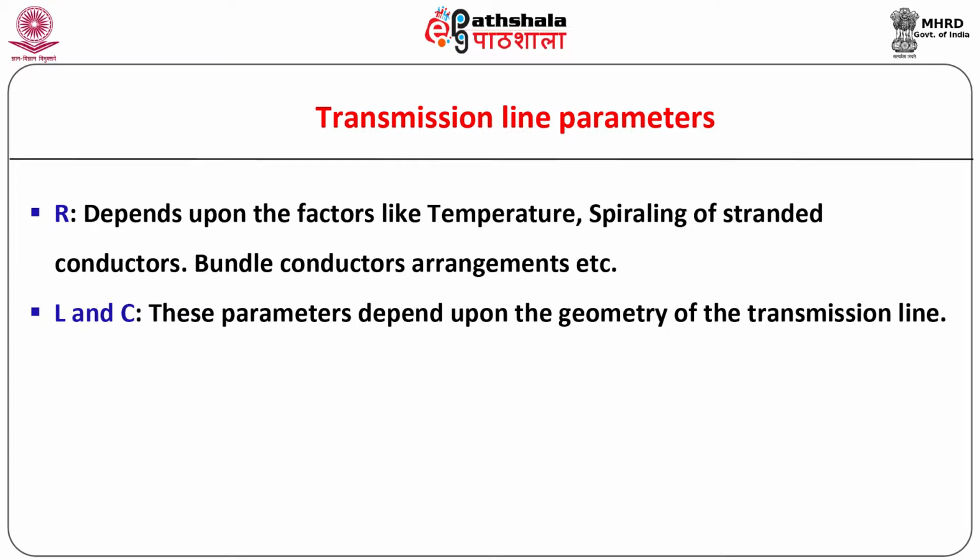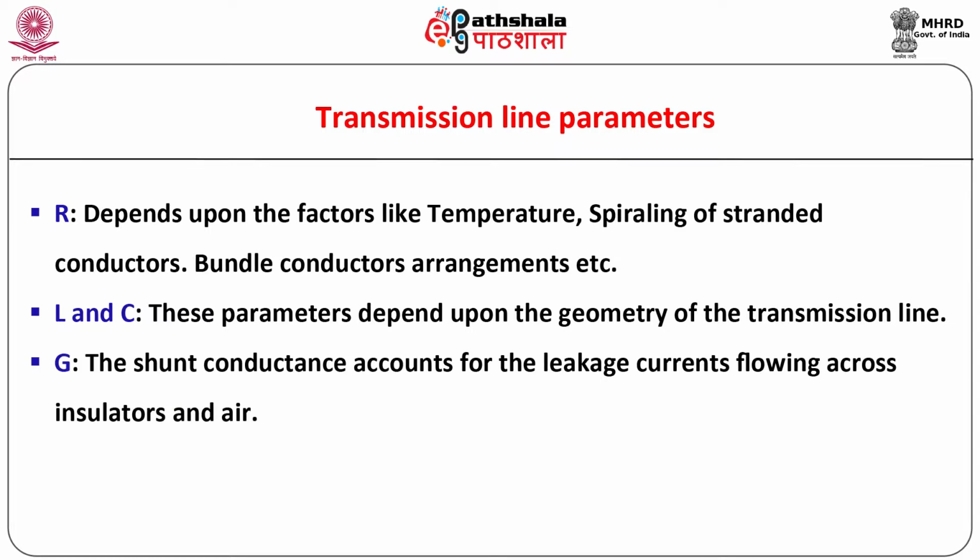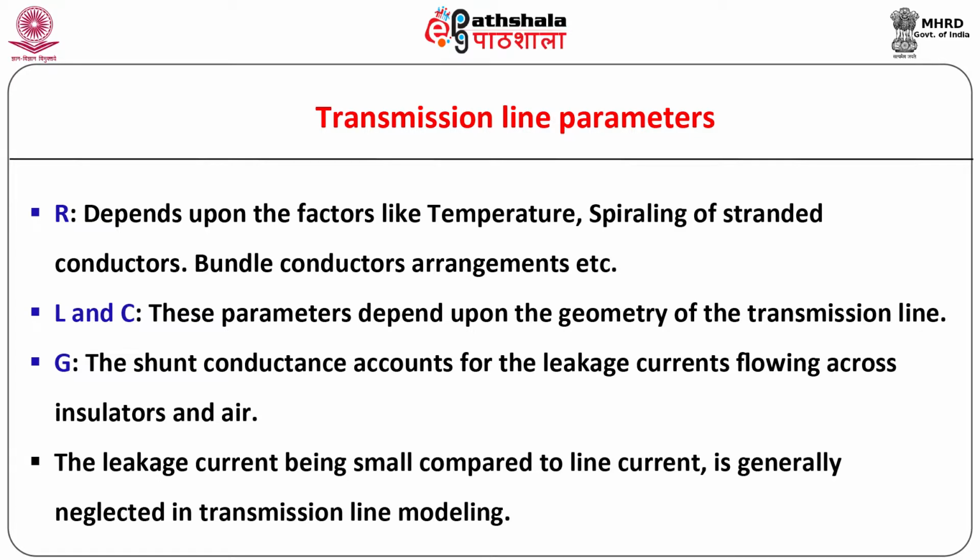Generally, the transmission lines are insulated and have air as the surrounding medium. The shunt conductance accounts for the leakage current flowing across insulator and air. The leakage current, being small compared to line current, is generally neglected and not taken into consideration in the transmission line modeling.